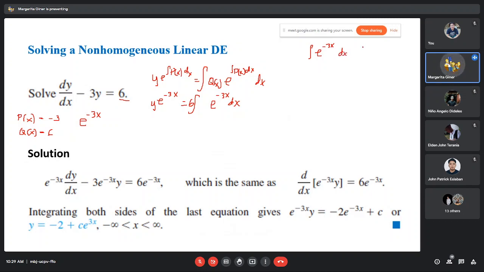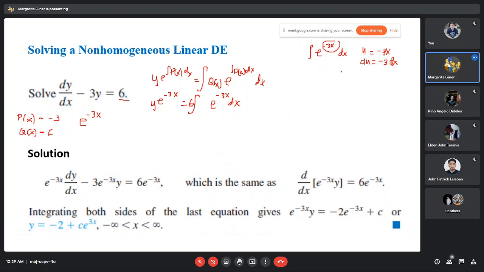What is the value of your u? So your u is minus 3x. We solve for its derivative, and then du is equal to minus 3 dx. First, take the derivative of your exponent before we solve the antiderivative. That is integral calculus.